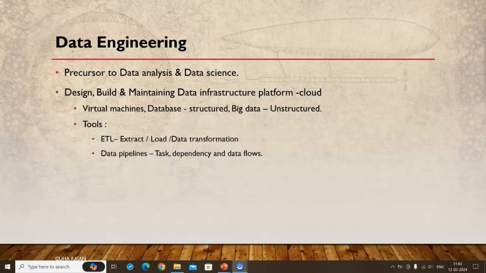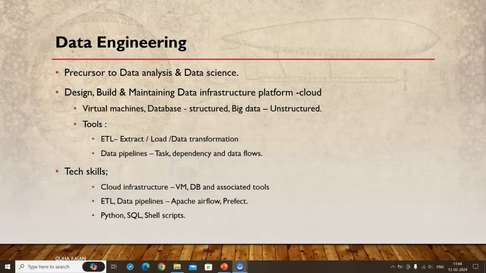Since those days, ETL has been common. In recent times, you keep hearing about data pipelines, where you can build task dependencies and programmatically change them. Data pipeline is a recent term, though it is significantly different from ETL, but sometimes ETL and data pipelines are used interchangeably. So the tools used in data engineering are data pipelines and ETL.